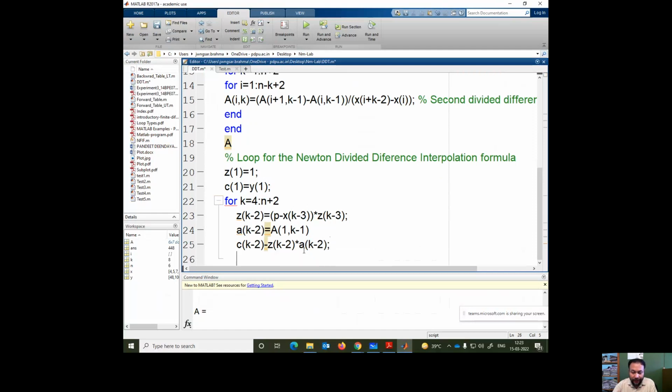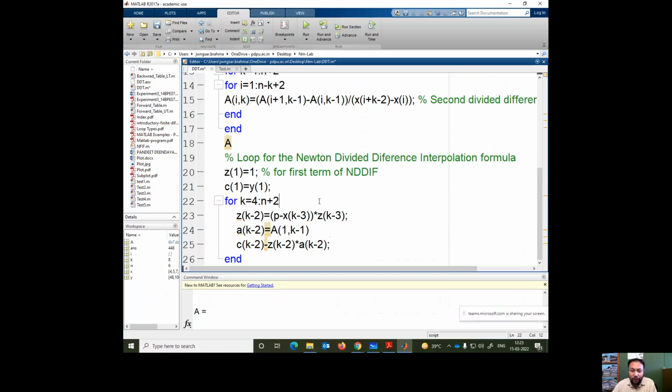Okay. Now I want to end here. See, look for the Newton divided difference interpolation formula. Okay. So for the first term, I can write here comments for first term of Newton divided difference interpolation formula.